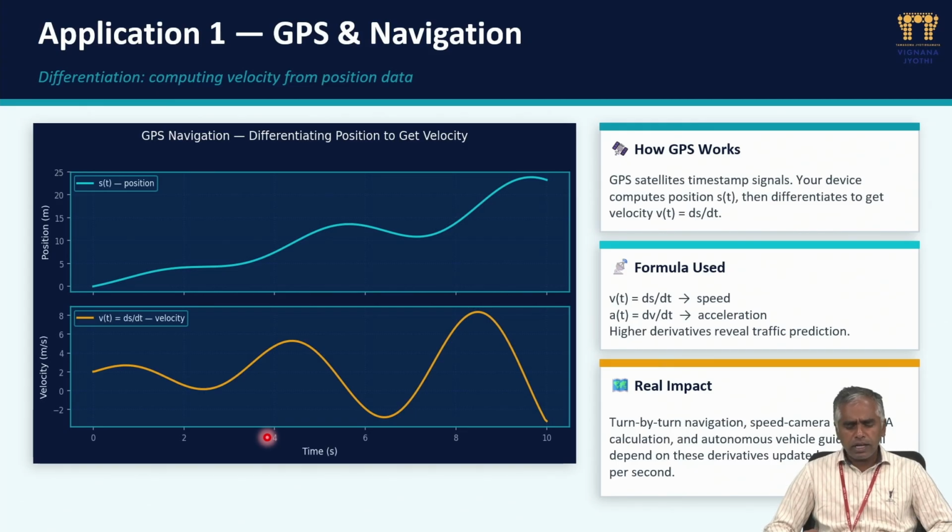The real impact of differentiation and integration: turn-by-turn navigation, speed camera alerts, ETA calculation, and autonomous vehicle guidance all depend on these derivatives updated multiple times per second. Just see that slide or diagram.